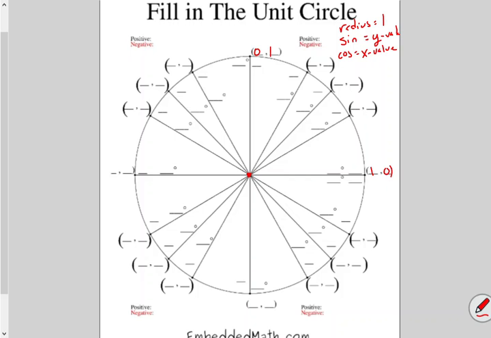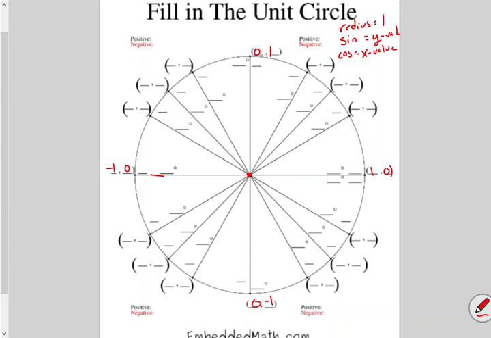If we were to draw a radius straight over, we would get a point of -1, 0. And if we were to draw a point down, we would get 0, -1. So those are our 4 quadrantal points.